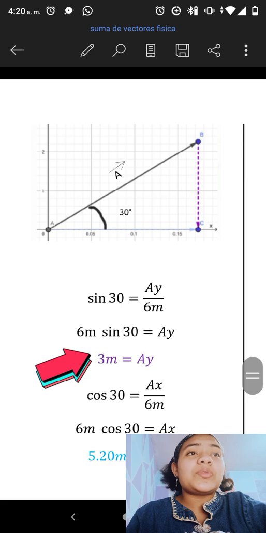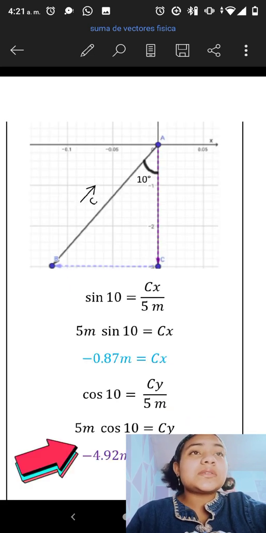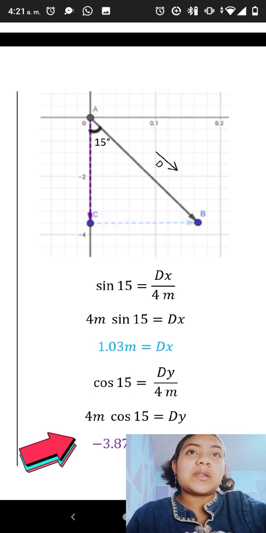Now let's review the vectors G. AG is equal to 3 meters, BG is equal to 2.39, the vector CG is equal to negative 4.92, and the vector DG is equal to negative 3.87, all in meters.